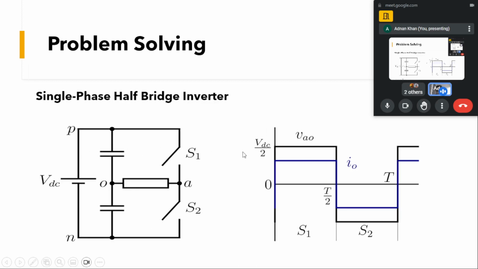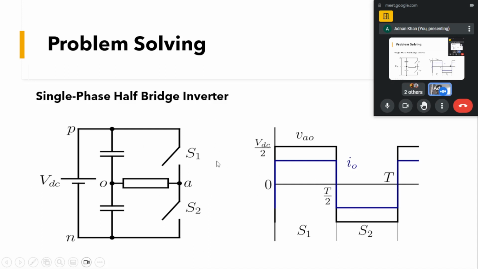Since VDC is given to us, and if we consider this system as a lossless system, that is, we don't have any parasitics of these components, then whatever is the input power will be at the output.